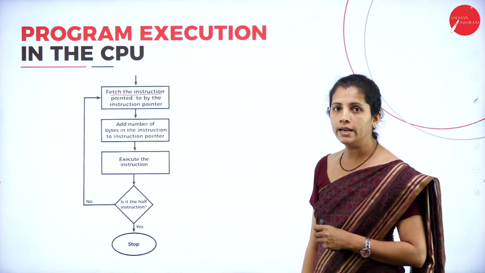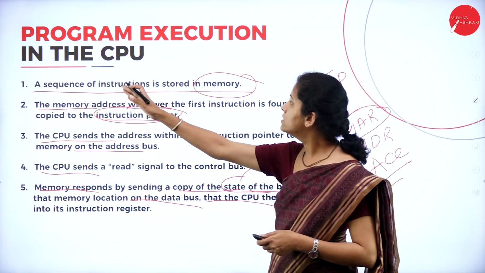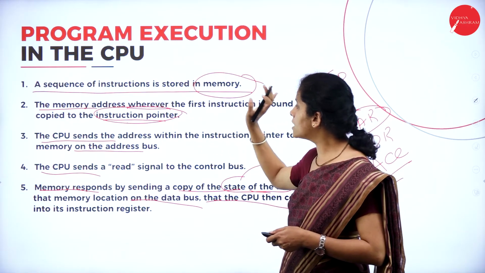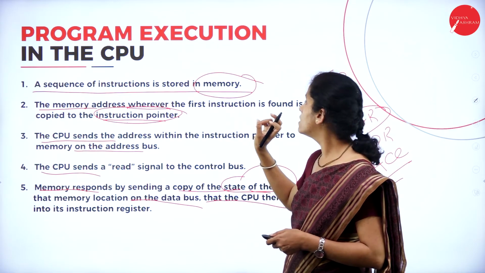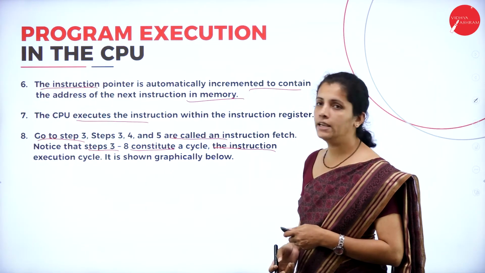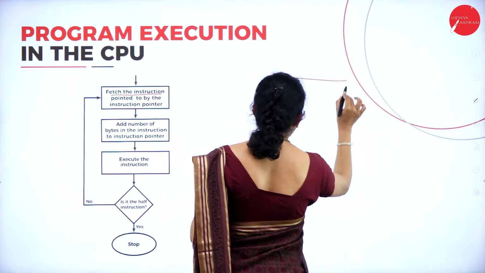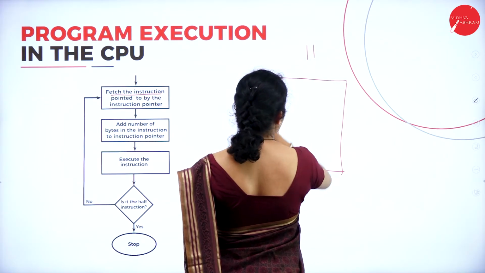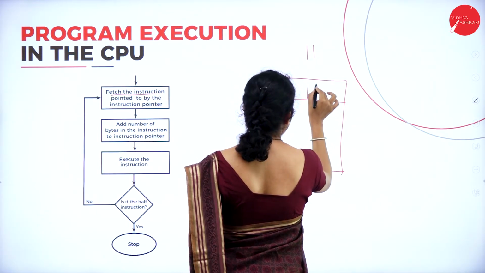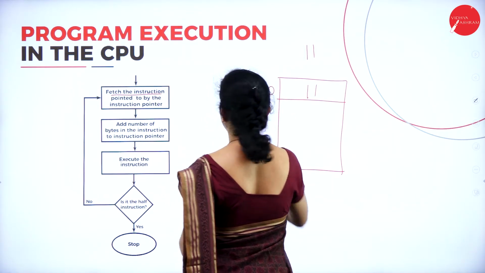So dear student, what is my first step here? The sequence of instructions is stored in the memory. The memory addresses are copied to the instruction pointer. For example, say this is the memory. I have typed 11 and it is stored at the position, say memory address 1000.